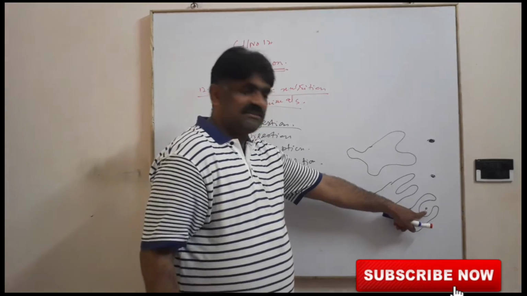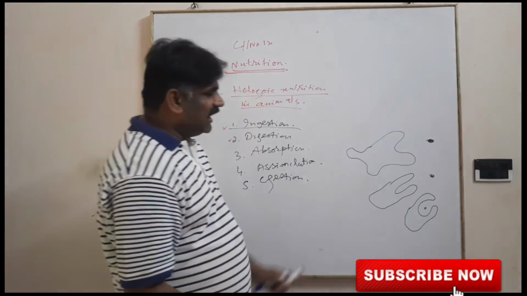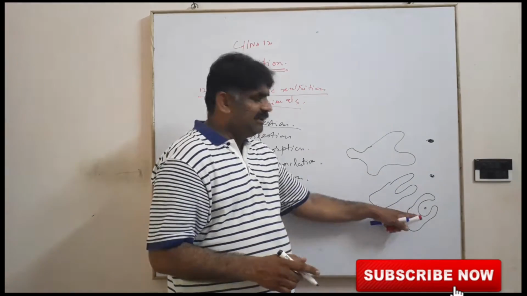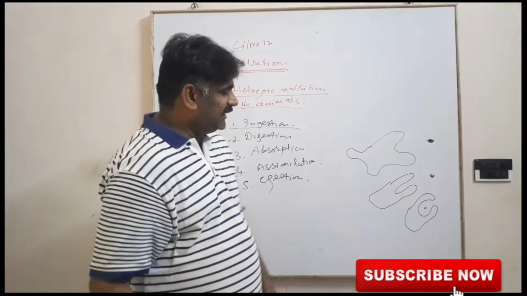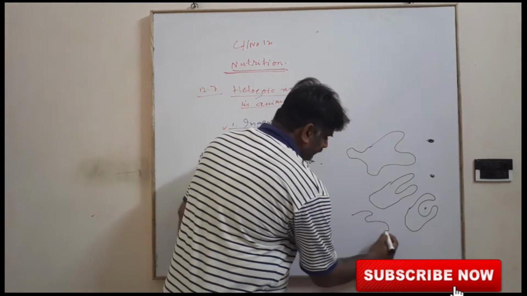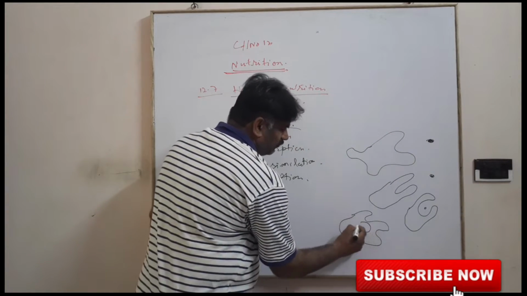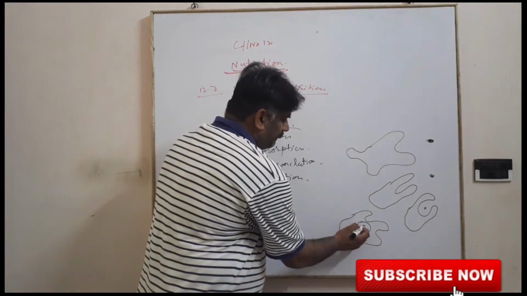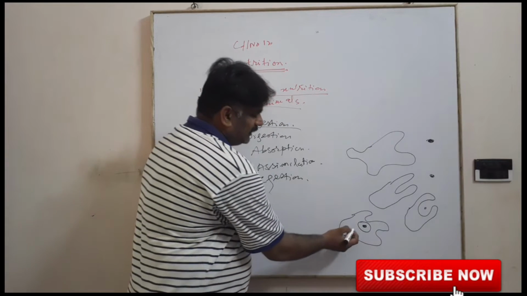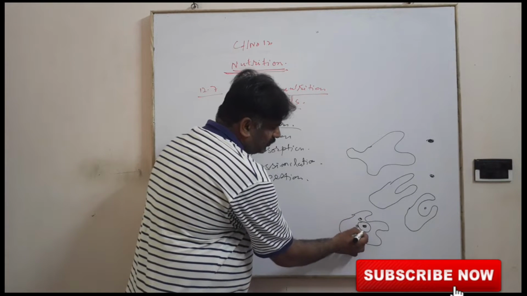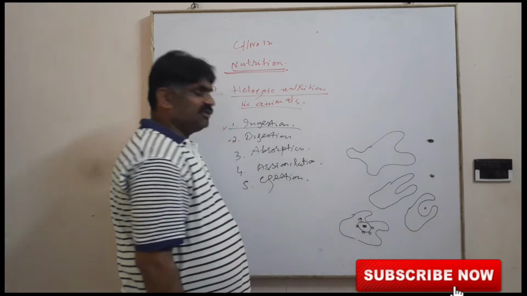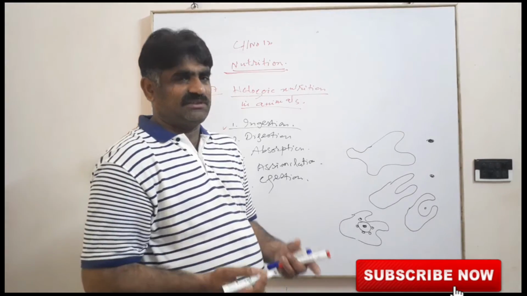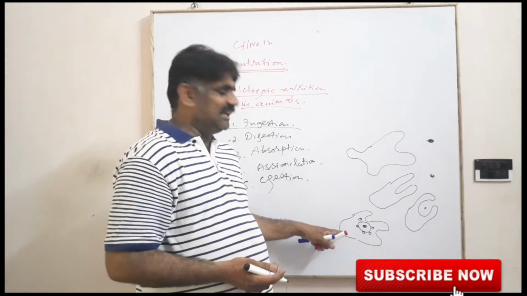Through this process it engulfs the food particle, and now the food cup is changed into a food vacuole. Lysosomes fuse with the membrane of the vacuole, and lysosomes, as you know already, are organelles of the cell which produce digestive enzymes.